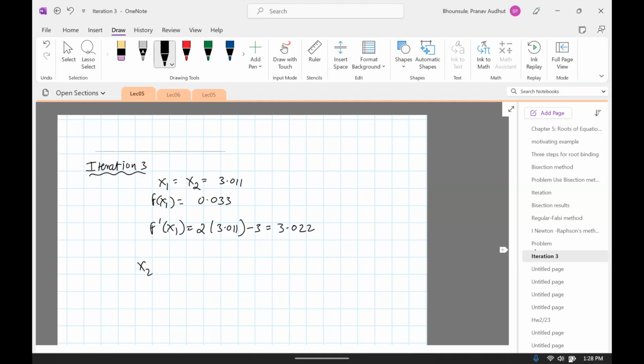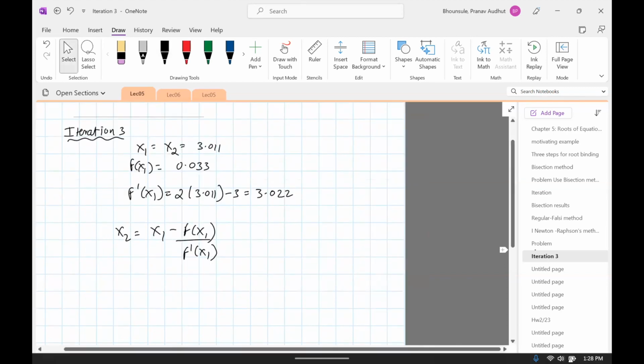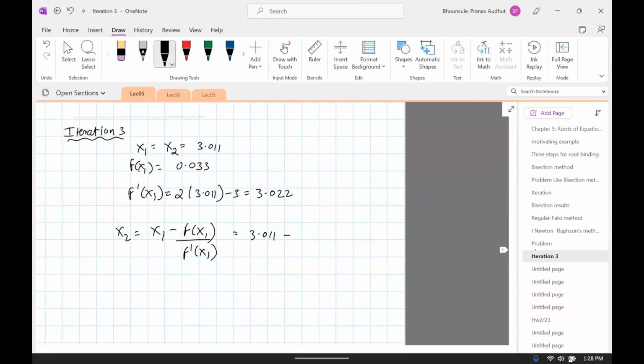Okay, so x2 is x1 minus f of x1 divided by f prime of x1. That's 3.011 minus 0.033 divided by 3.022. So this gives x2 equals 3.000.